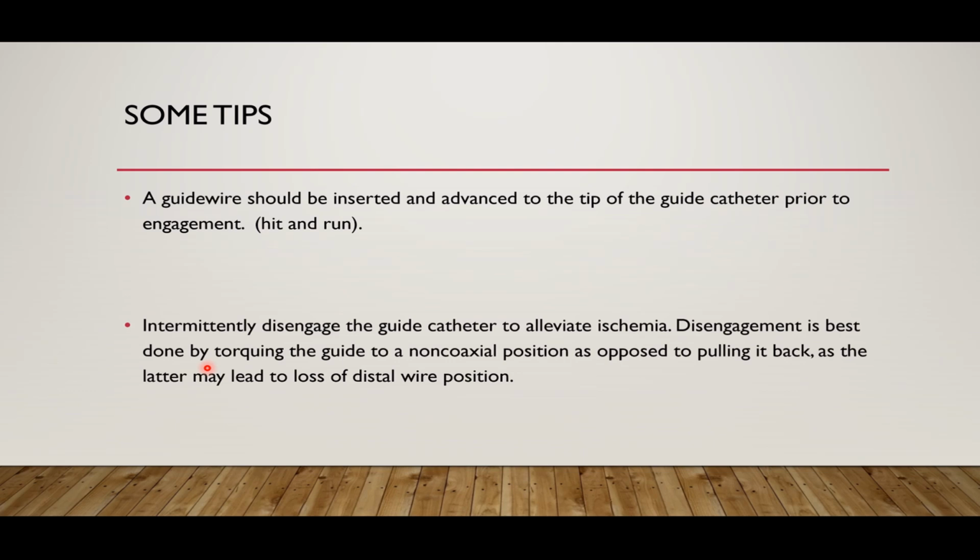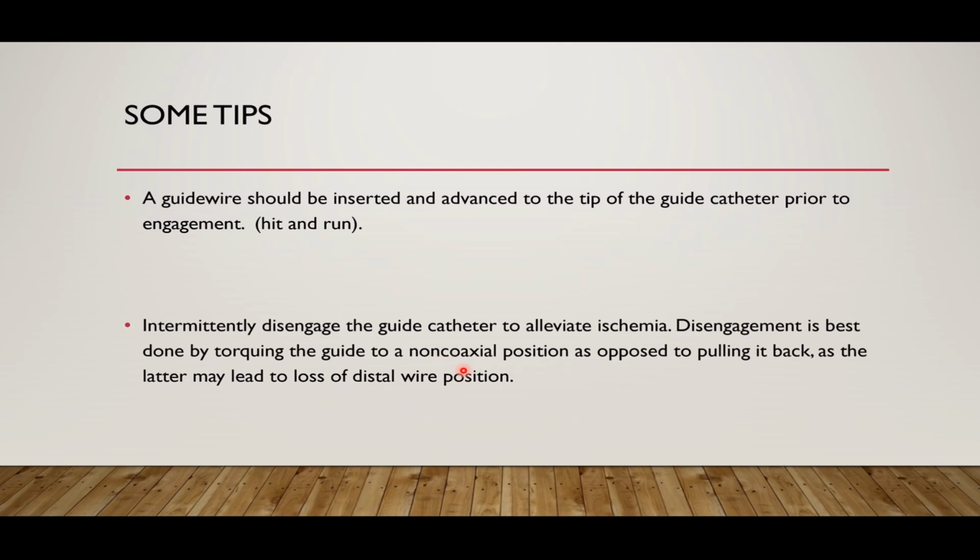If you don't use the floating wire technique, for example, if we do a PCI to RCA, you can intermittently disengage the guide catheter to make the period of pressure dampening and ischemia as short as possible. And for disengagement, you torque the guide into a non-coaxial position.